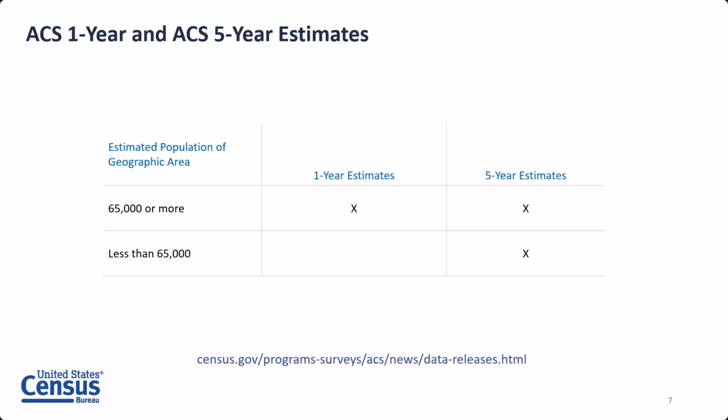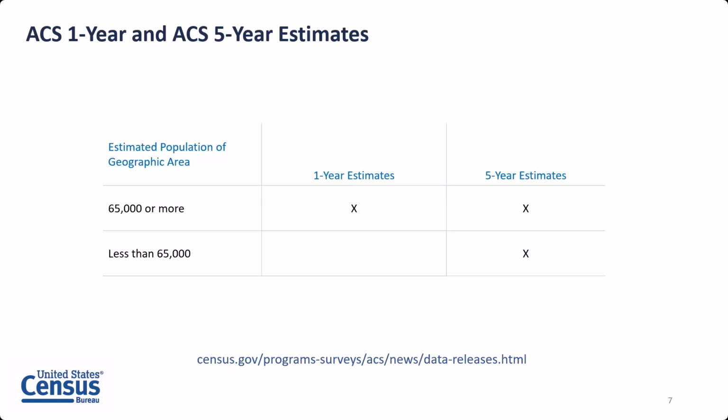I did also want to mention that the ACS 1-year and ACS 5-year estimates are going to be available. I can definitely go into this in detail a little bit more, but essentially the 1-year estimates are going to be available with populations of 65,000 or more, and the 5-year estimates will cover most geographies that fall under that category.